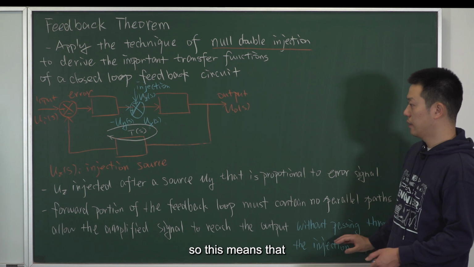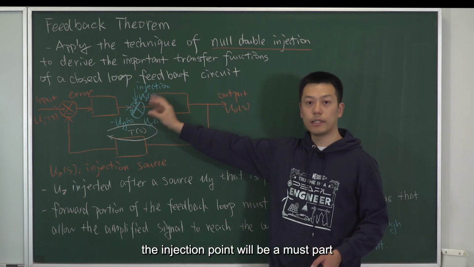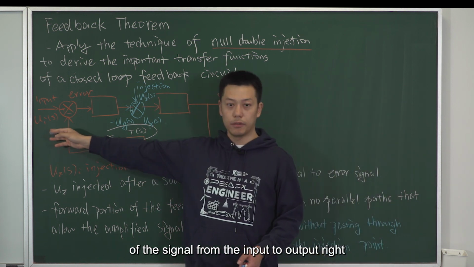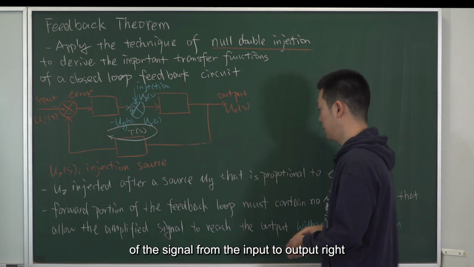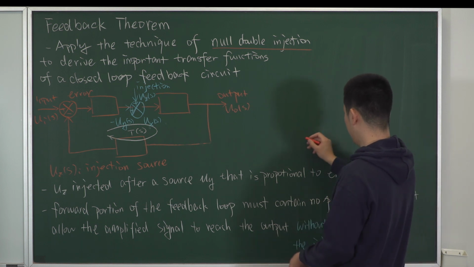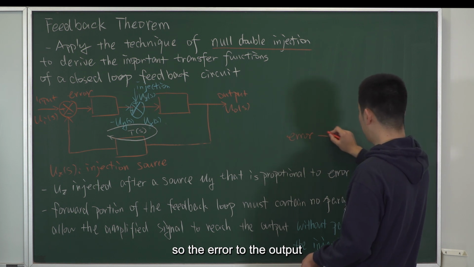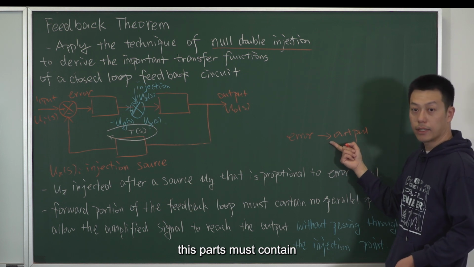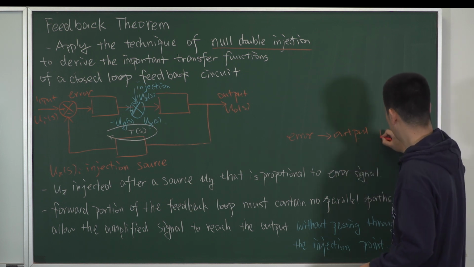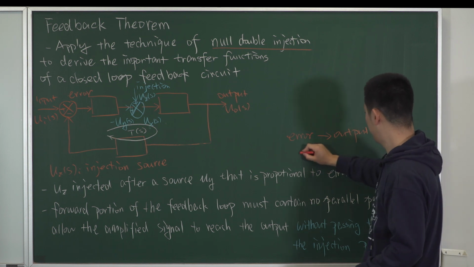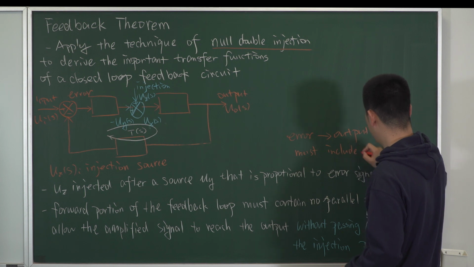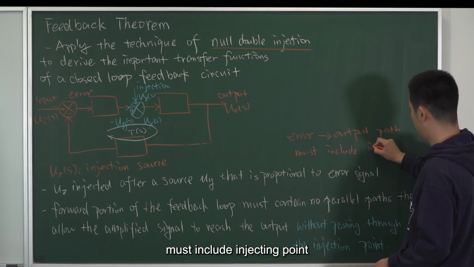So this means that the injection point will be a must-pass point for the signal from the input to the output, right? So the path from the error to the output must include the injection point.